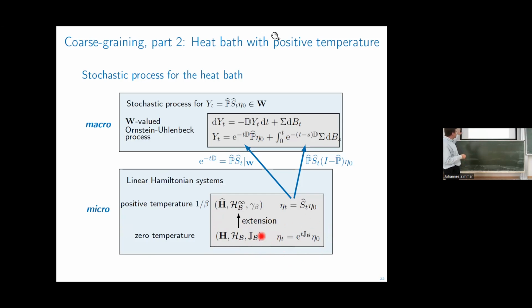Then I need to do something, and this is what I skipped on the previous slide, to go to positive temperature in a bigger space. And that gives still a well-defined evolution, now with a different semi-group S hat, which I can't write in this way, but this is a well-defined evolution.